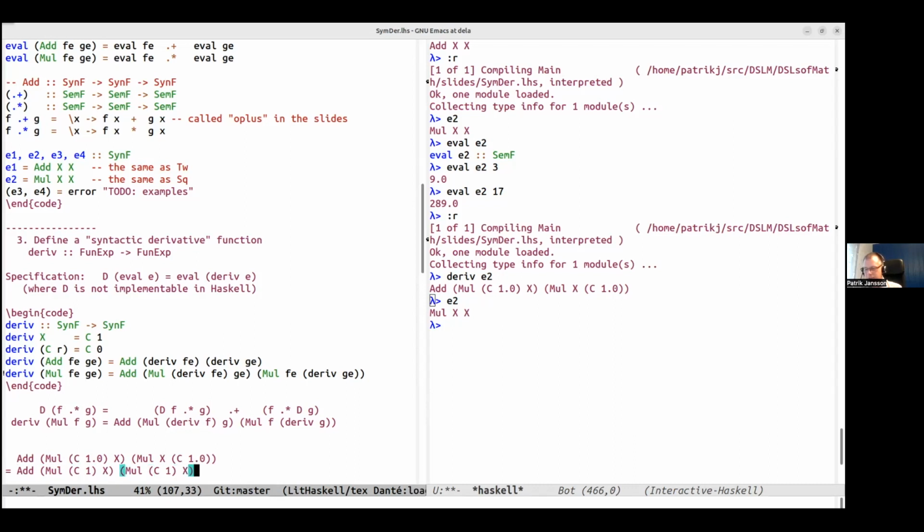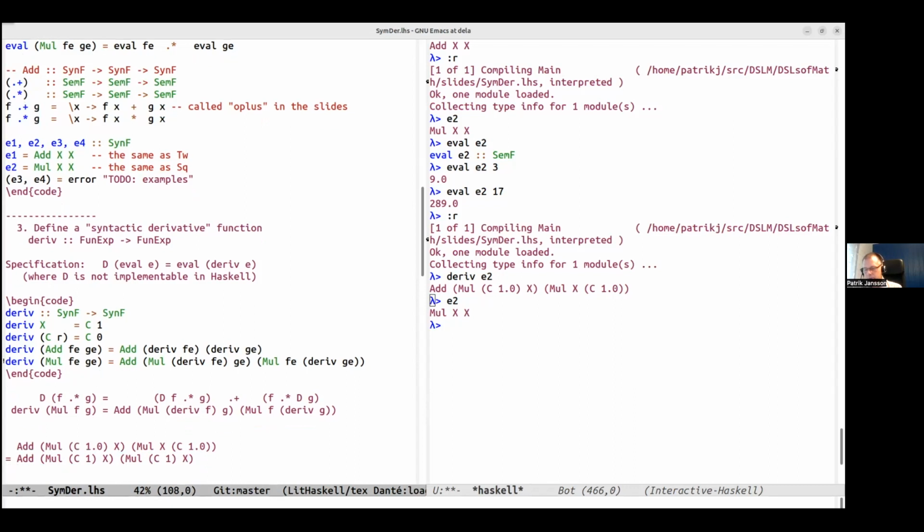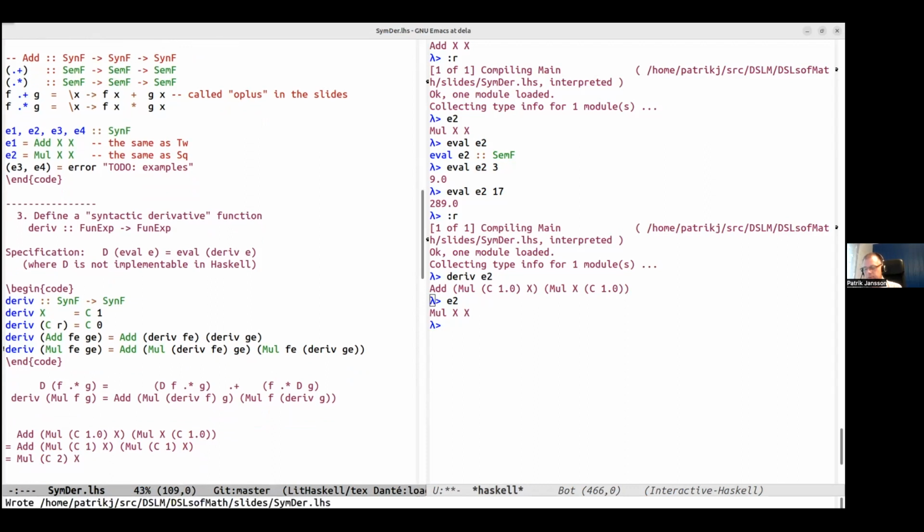So the same multiplication twice, which should be the same as the multiplication of constant 2 and x. But I currently don't have a simplifier to implement this. It's an interesting exercise, and it can definitely be done to make a simplifier.